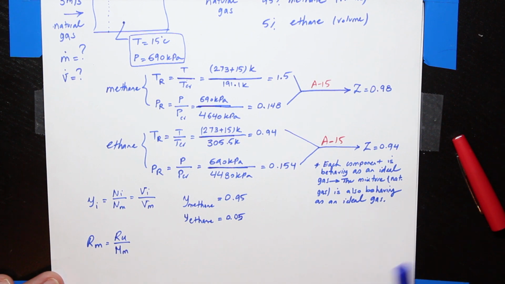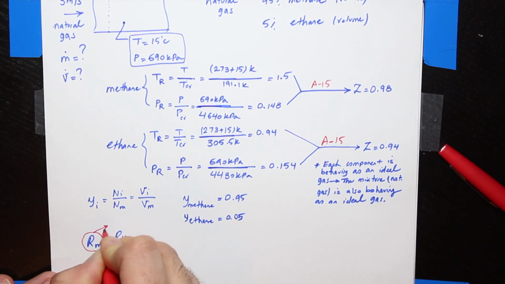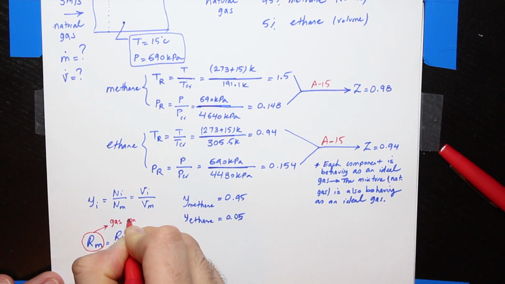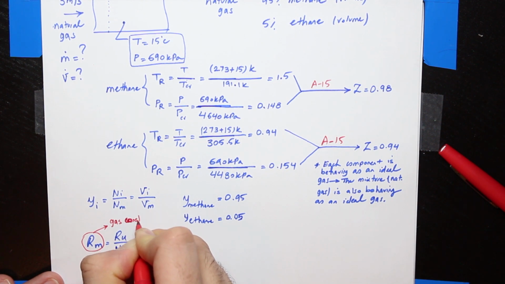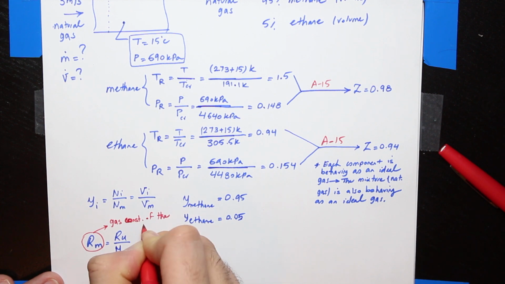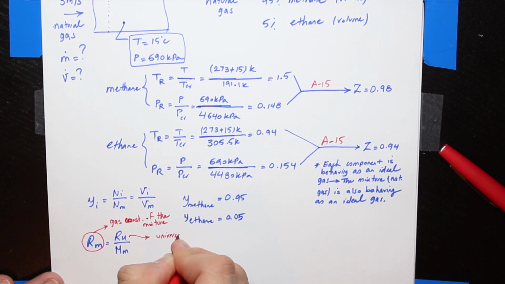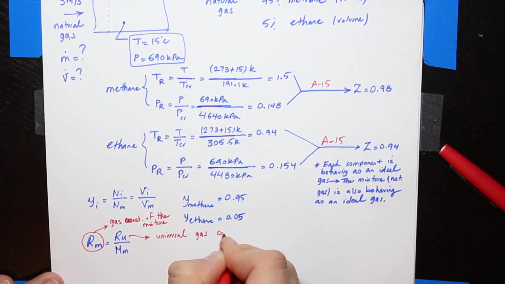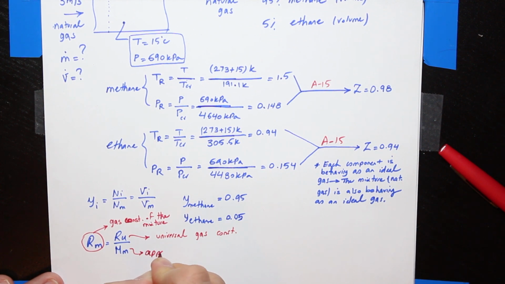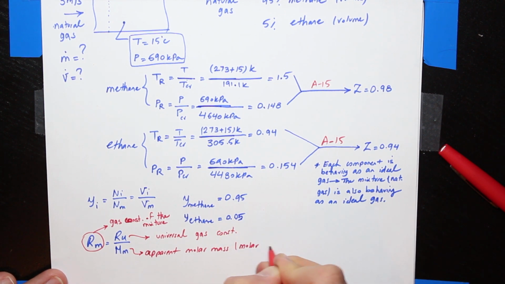Okay, so once again, this Rm is the gas constant of the mixture, Ru is the universal gas constant, and Mm is the apparent molar mass. By saying apparent molar mass, I mean this is the molar mass of the mixture.